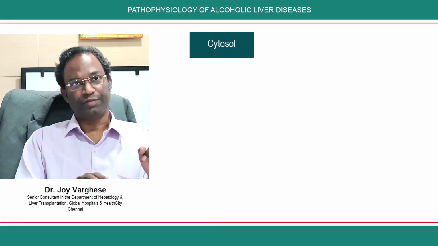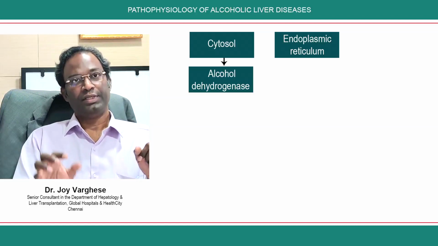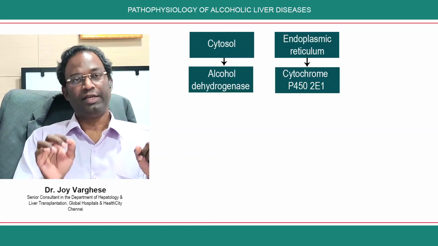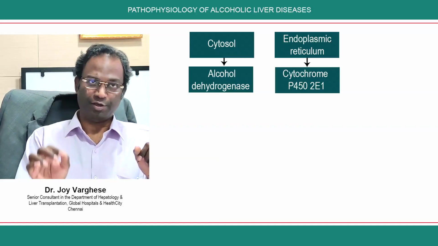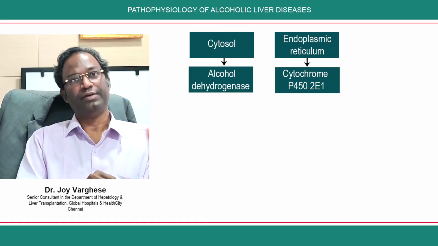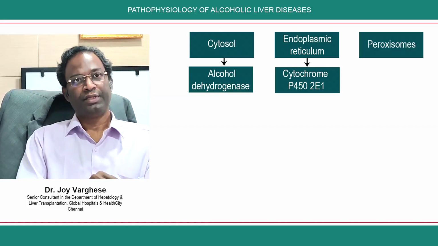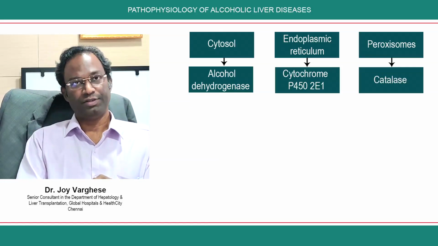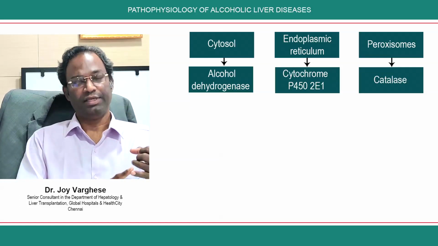In the cytoplasm there are other structures. The endoplasmic reticulum has cytochrome P450-2E1, which plays a major role in metabolism. In the same cytoplasm we have the peroxisome, which contains the catalase enzyme that also metabolizes alcohol.